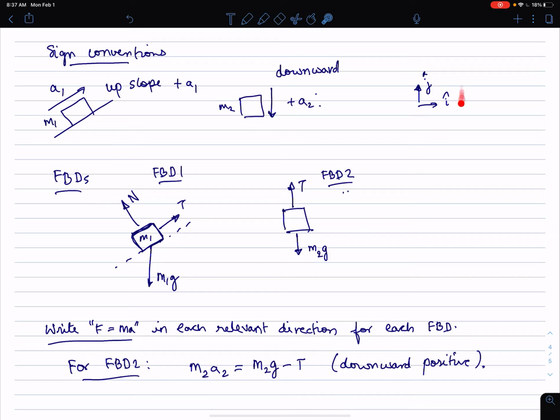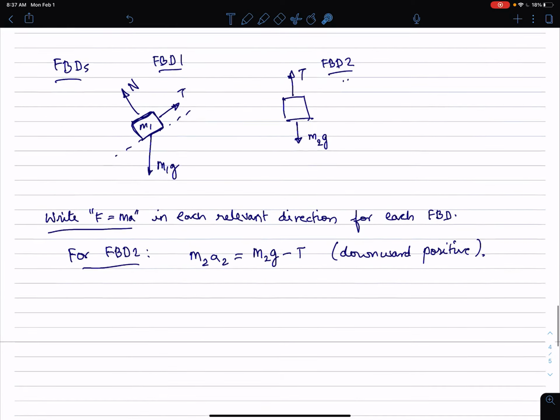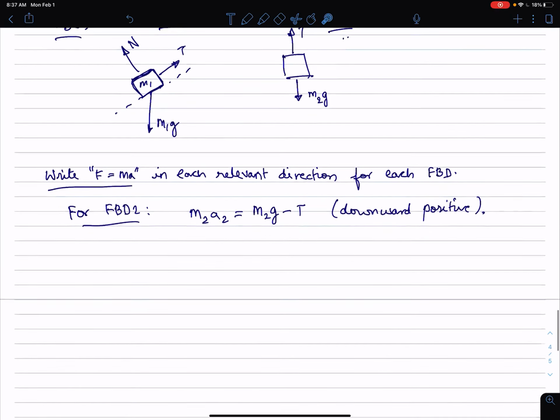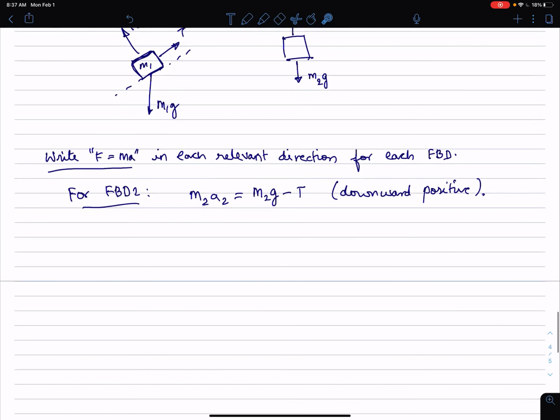So instead of trying to write the equations of motion along I and J directions, you can rather write it as along upslope and perpendicular to the slope, for which it is convenient to decompose the forces up the slope and perpendicular to the slope.